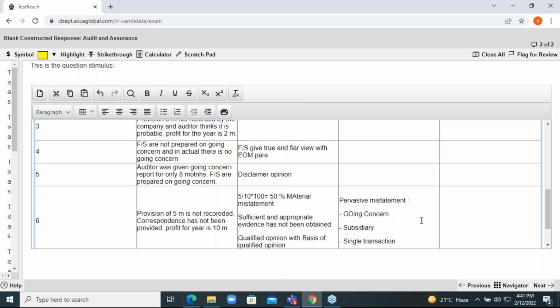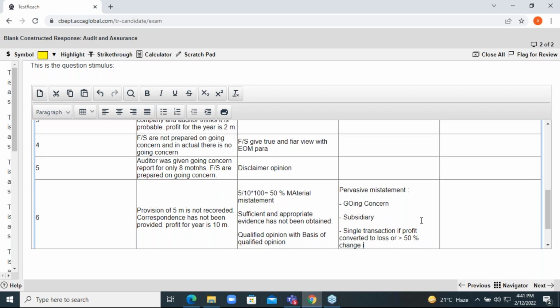Any single transaction could also be a pervasive misstatement if profit is converted to loss or more than 50% change in assets.